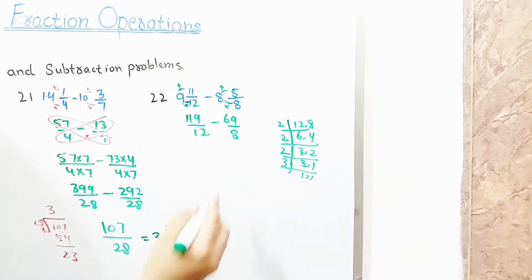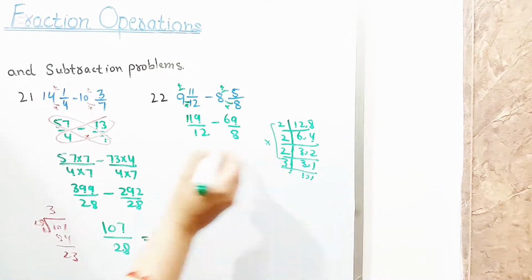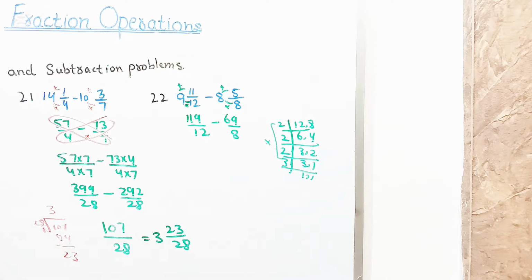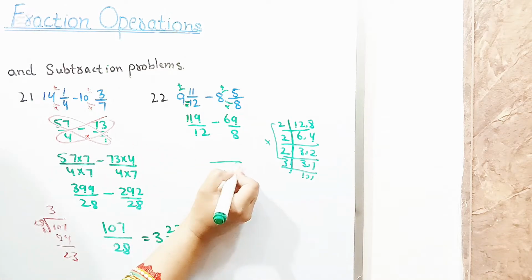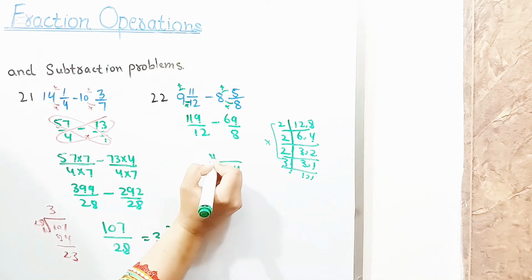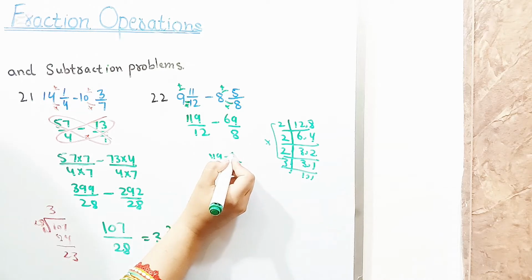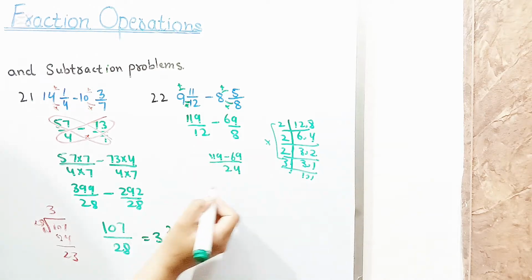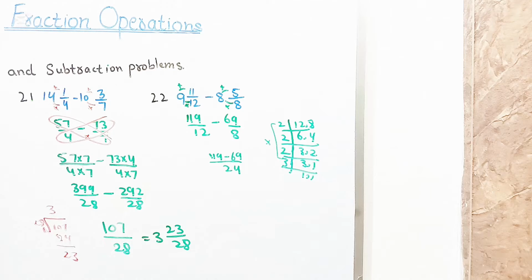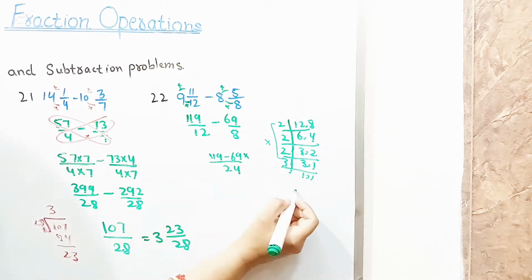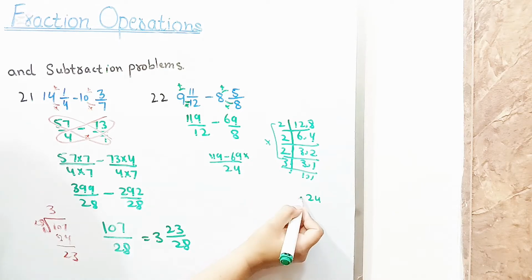When we multiply them, it gives 24. 119 minus 69, but we can't write them like that because the denominator is 24. 12 multiplied by 2 gives 24.